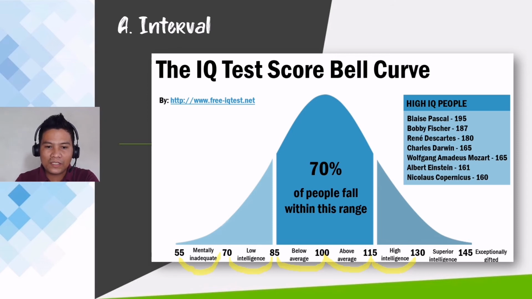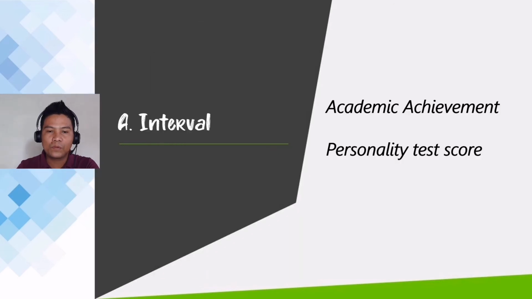So you notice that the distances between points or the interval scale are equal. So this is a good example for interval. We also have the academic achievement and personality test score as examples for interval.